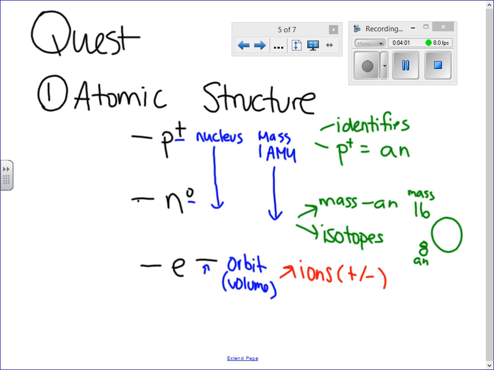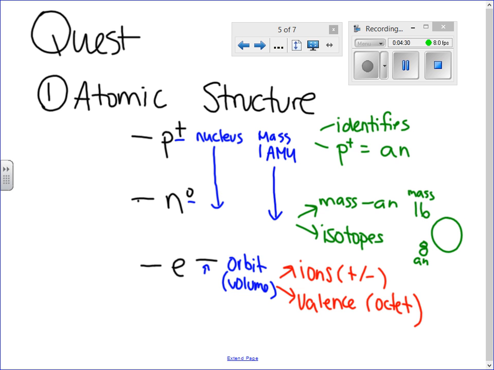The other thing you should know about electrons is about valence electrons and the octet rule. Valence electrons, you may remember, are the ones in the outermost energy level. And the octet rule is where atoms are trying to have a full valence energy level. For virtually every case, that means 8.